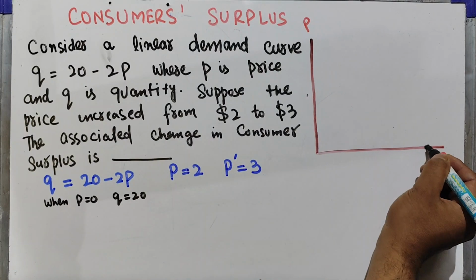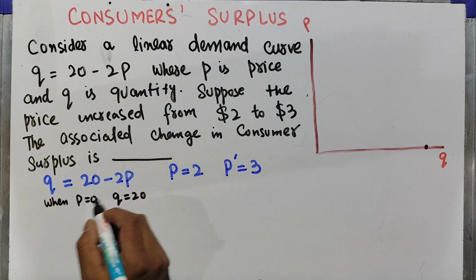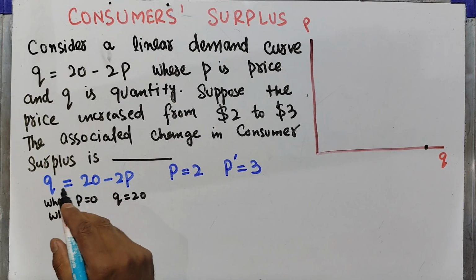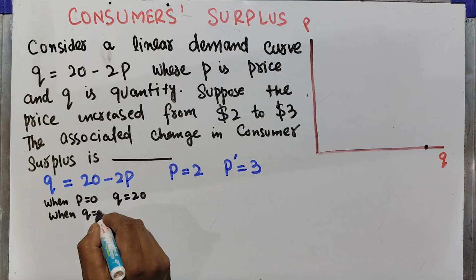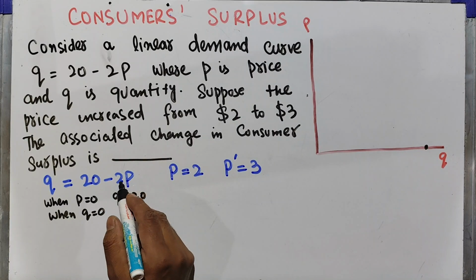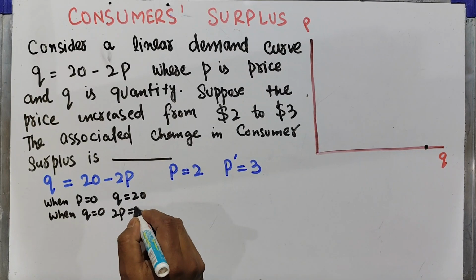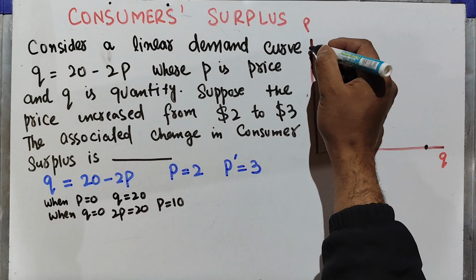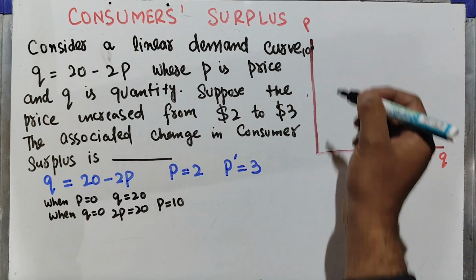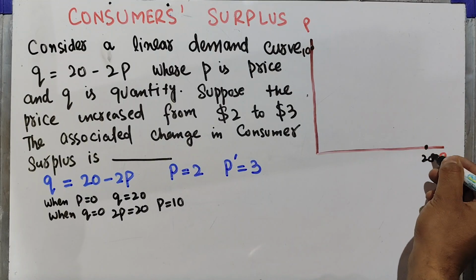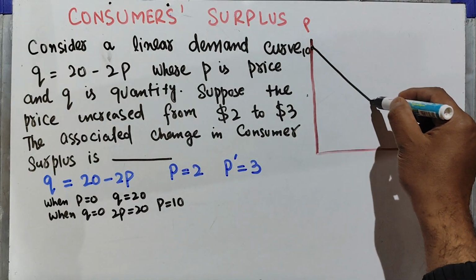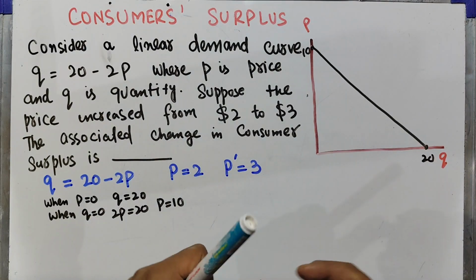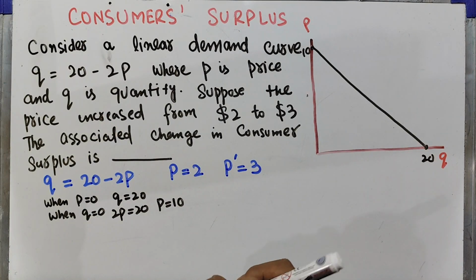So let us say this point denotes 20, and similarly when Q is equal to 0, 2P is equal to 20, which implies P will be equal to 10. So price intercept is 10 here. Okay, here we have 20. Now let us join these 2 points. For drawing a line we only need 2 points. You know this simple stuff.